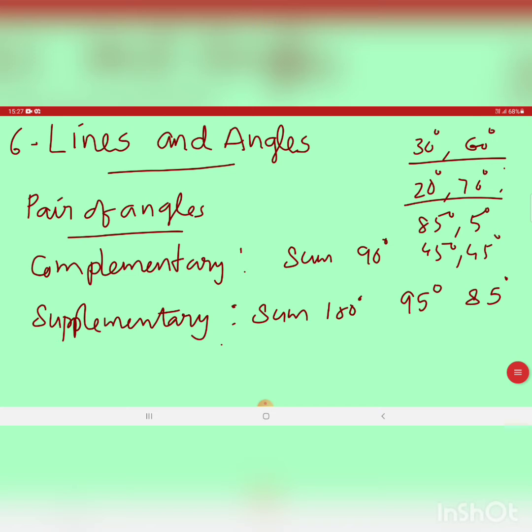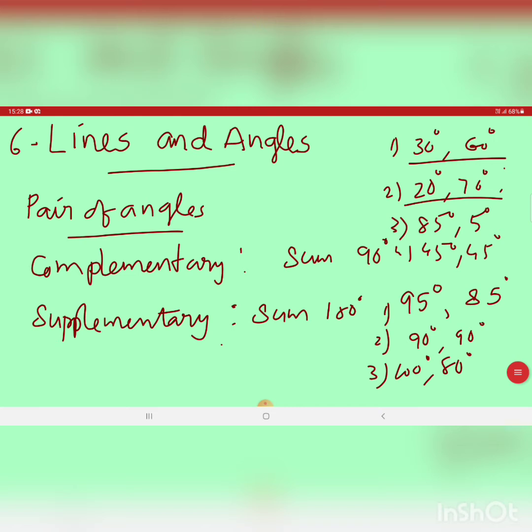Their sum is 180 degrees. This is one pair. Second pair, you can write 90 degrees, 90 degrees. 100 degrees, 80 degrees, and so on. So you will get pairs that are complementary pairs and supplementary pairs.